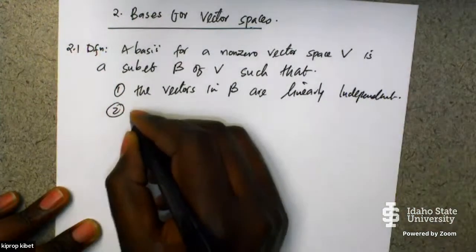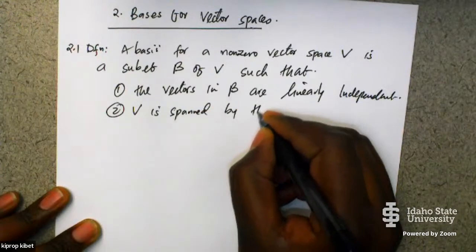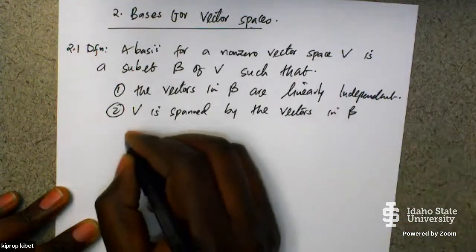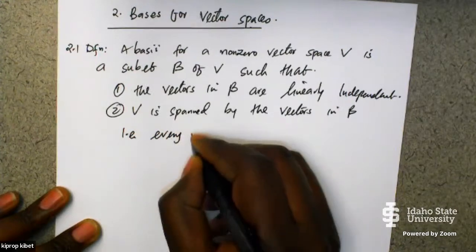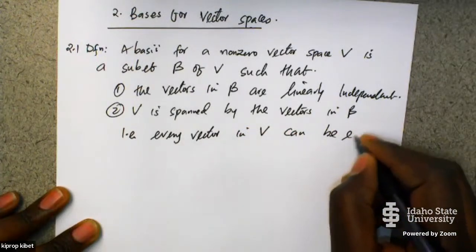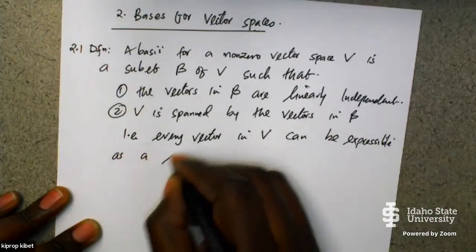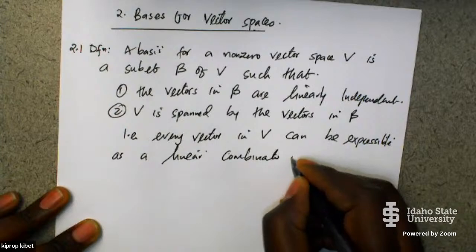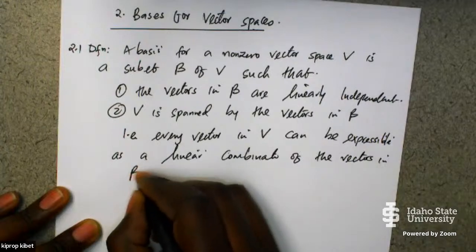Number two, V is spanned by the vectors in B. That means every vector in V can be expressible as a linear combination of the vectors in B.